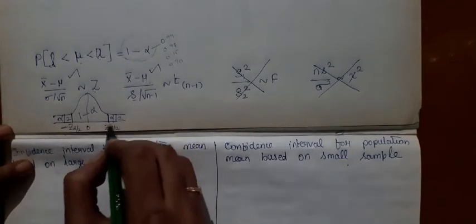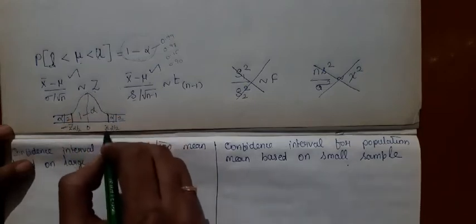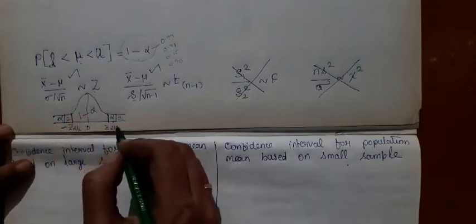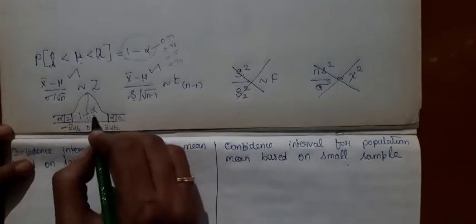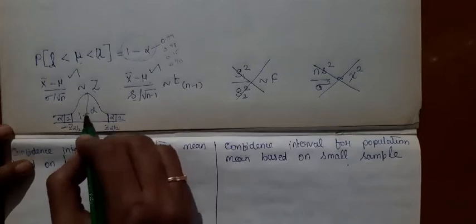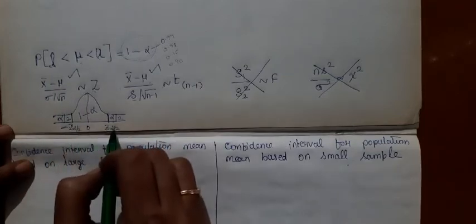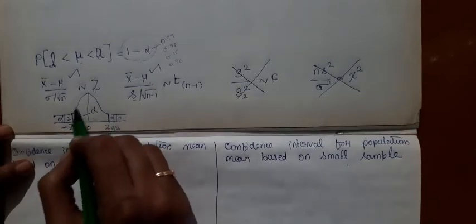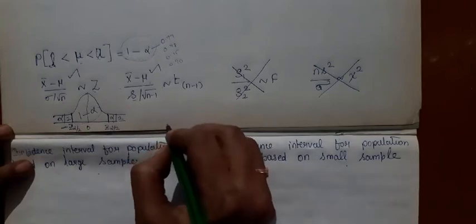That is the ordinate value which cuts alpha by 2 from the graph, called z alpha by 2. Even though we don't know anything about mu, we know that the probability that z lies between minus z alpha by 2 and plus z alpha by 2 is 1 minus alpha. So we are going to start at this point.